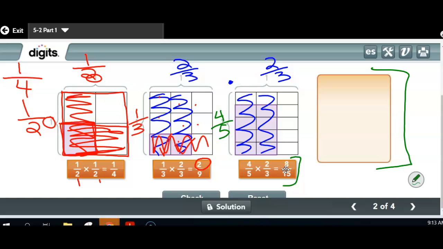Okay, 4/5. 1, 2, 3, 4, 5 total rows. 4 of them are shaded in. 1, 2, 3, 4. Our answer is 8. 8 is our numerator, the number of boxes that are double shaded. The denominator is 15. We count all of these boxes. That is 15 of them. Question.